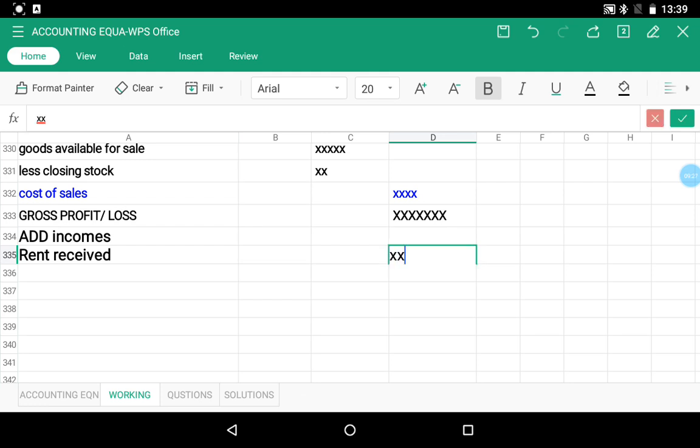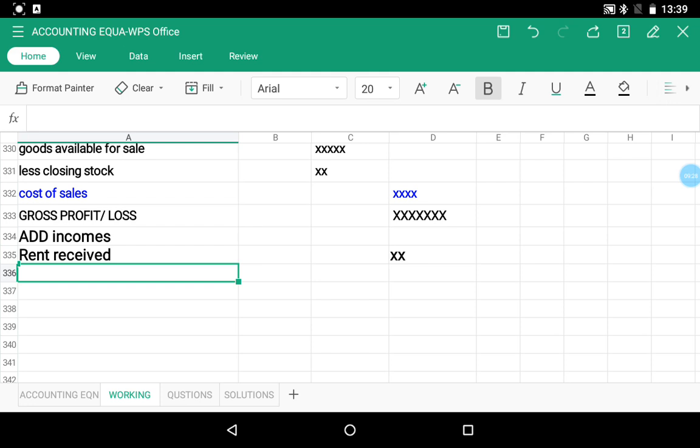Of course, when you talk about rent received, you may find that someone has houses and has tenants, and they are giving him money. In short, income is money received by the business which is not connected with your sales.